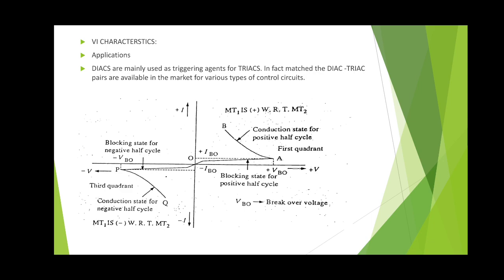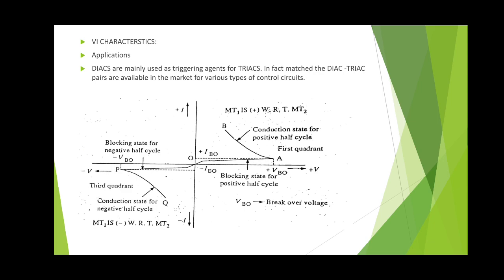The leakage current flows due to the drift of electrons and holes at the depletion region. It is not sufficient to cause conduction of the device, and practically the device will remain in the non-conductive mode.